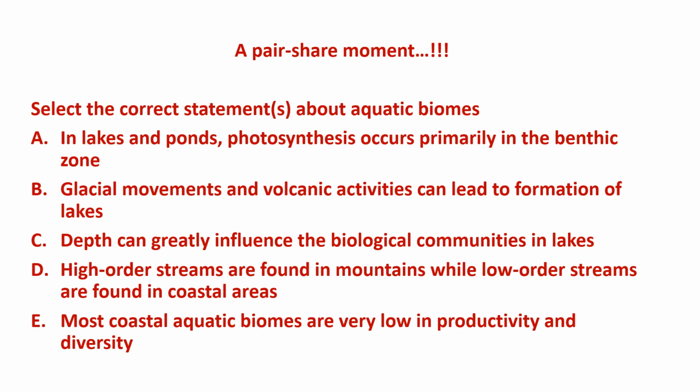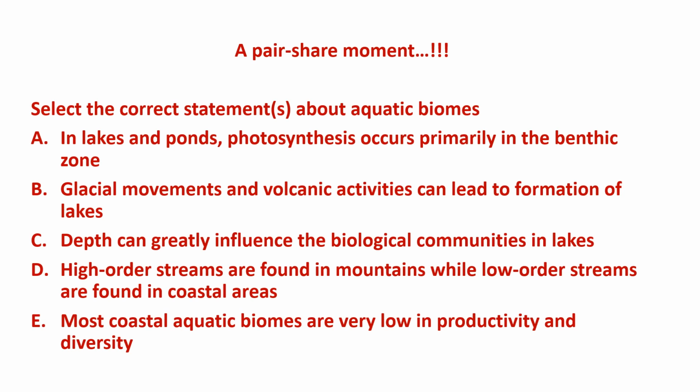D, higher order streams are found in mountains while low order streams are found in coastal areas. That is incorrect. It's actually the other way around. Higher order streams are found in coastal areas while low order streams are found in mountains. Option E, most coastal aquatic biomes are very low in productivity and diversity. We know that is greatly incorrect.